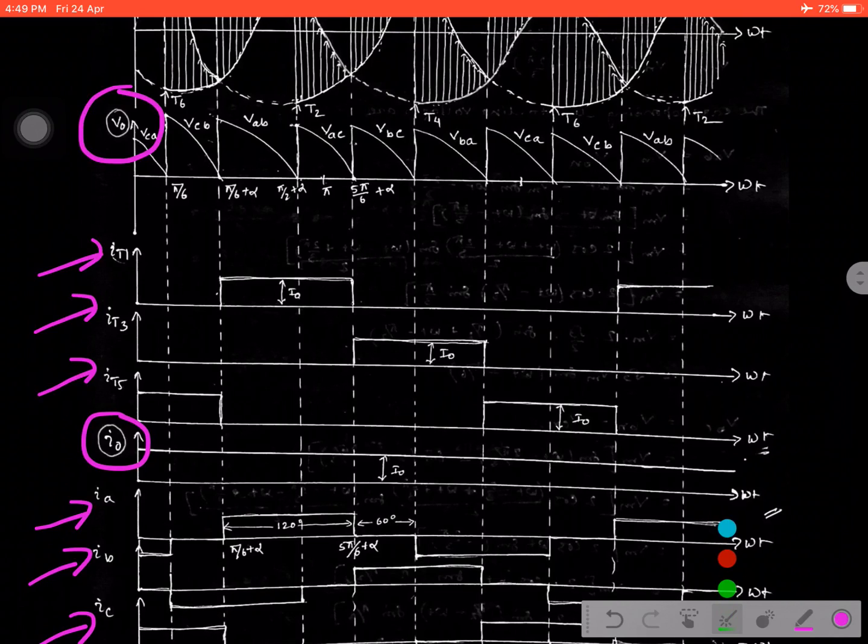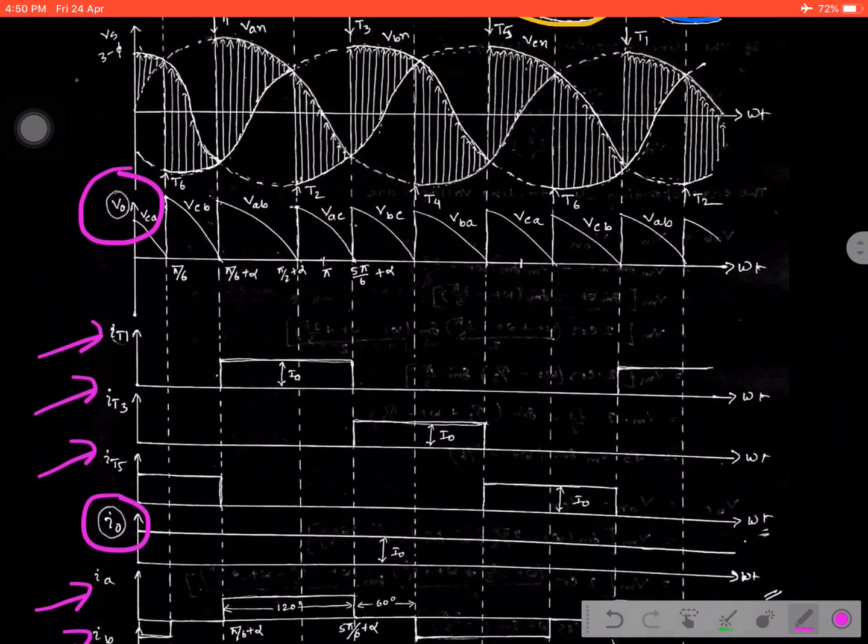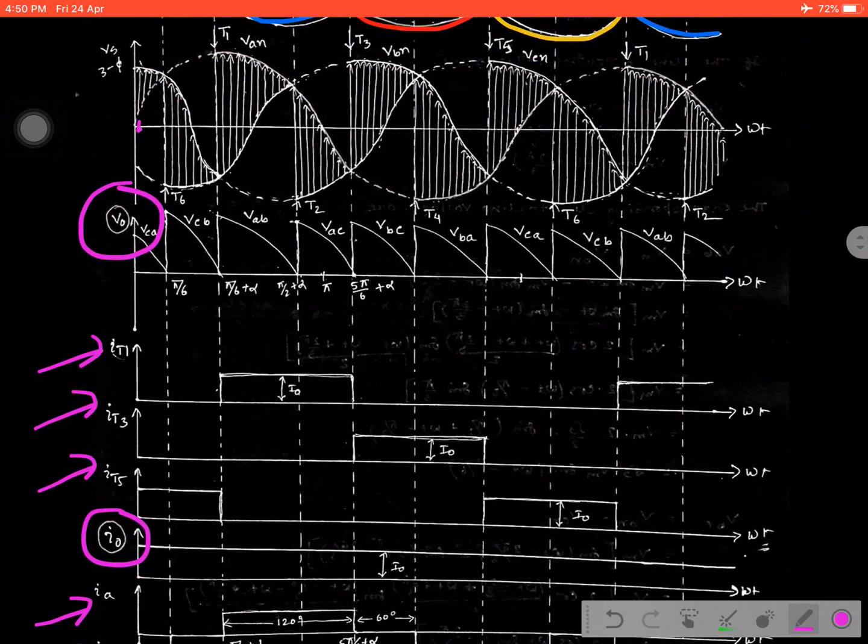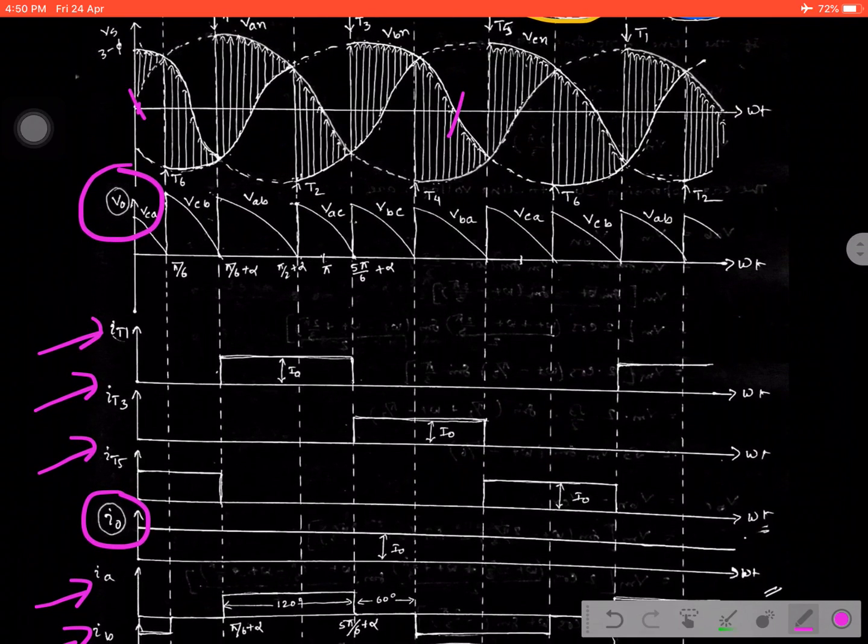For calculating the average value, first we should consider how many peaks are available in a single cycle.